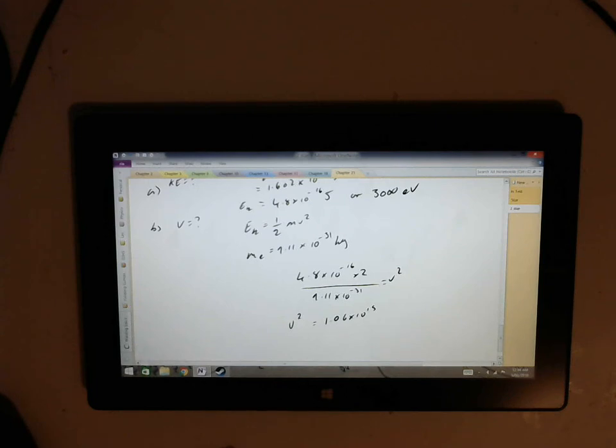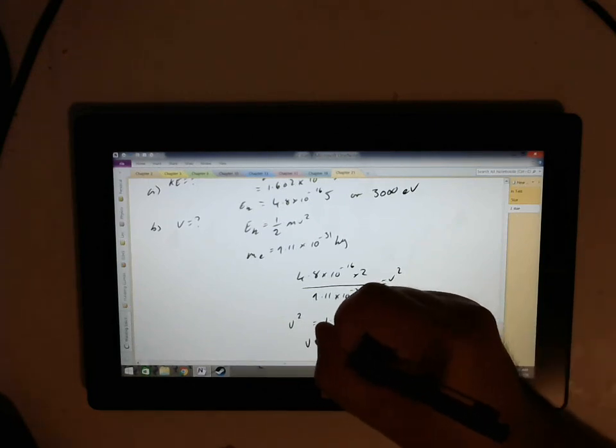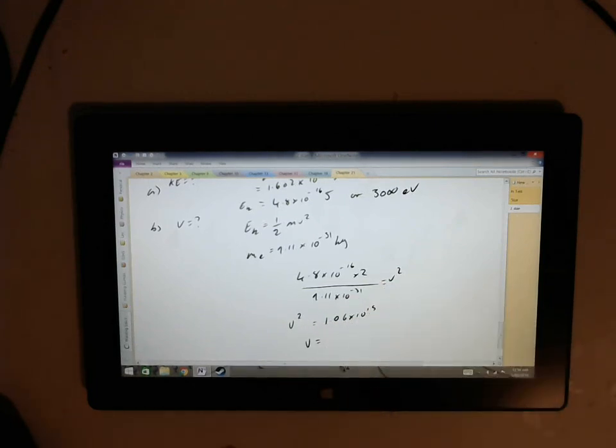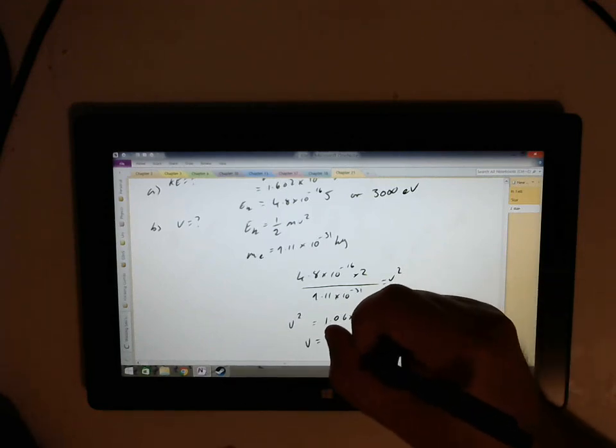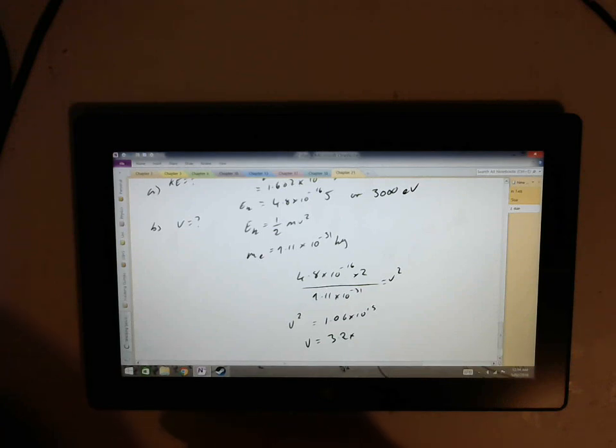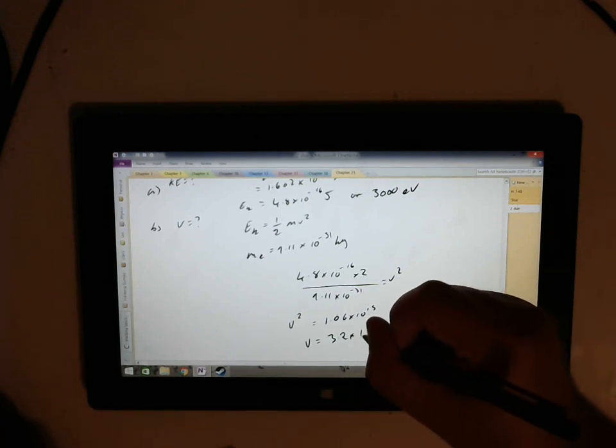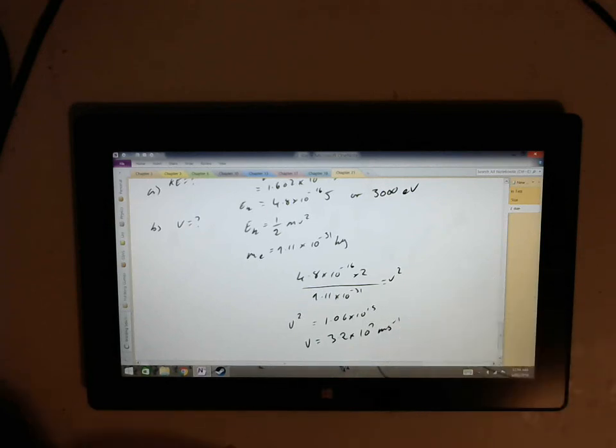Okay, and that equals v squared. So v is just going to equal the square root of that number, which is going to give, oh, that's a huge number, 3.2 times 10 to the 7 meters per second.